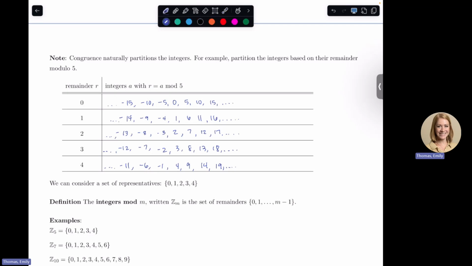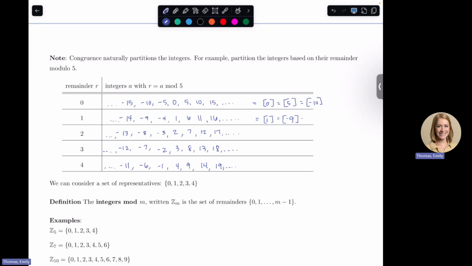So this is the equivalence class of 0, which is equal to the equivalence class of 5, which is equal to the equivalence class of negative 10, or whatever. These are all the same. This is the equivalence class of 1, which is the same as the equivalence class of negative 9, etc. Are you with me?